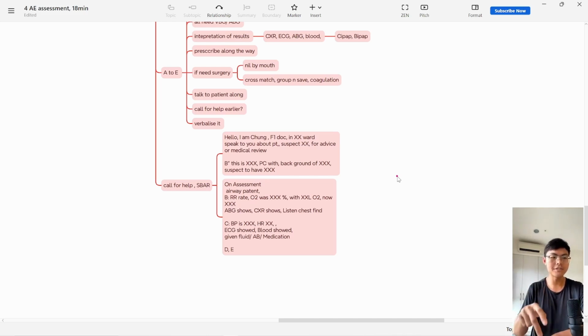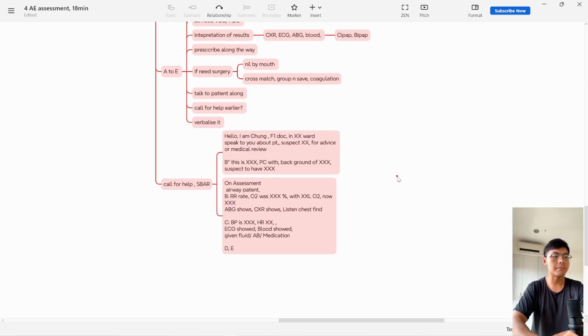So from the first 2 sentences, you can see that the person on the other side will know who this guy is, where he's from, as well as who this patient is and what kind of problem he might have. You tell them this patient has a chest infection causing sepsis already, so it's very severe. And finally, the med reg will know that you want advice or for them to come and review the patient.